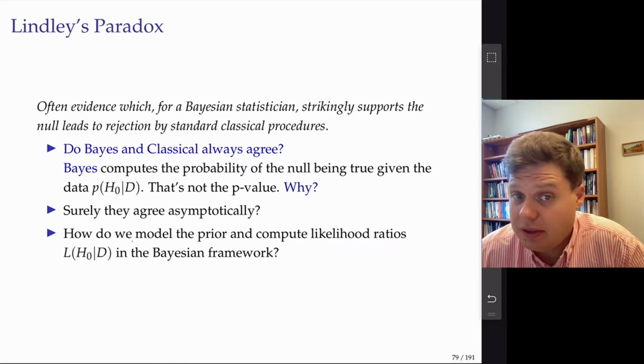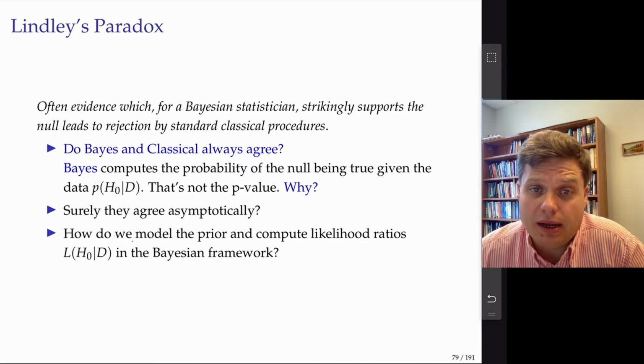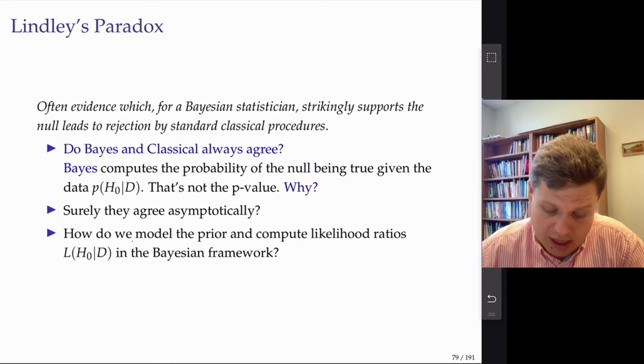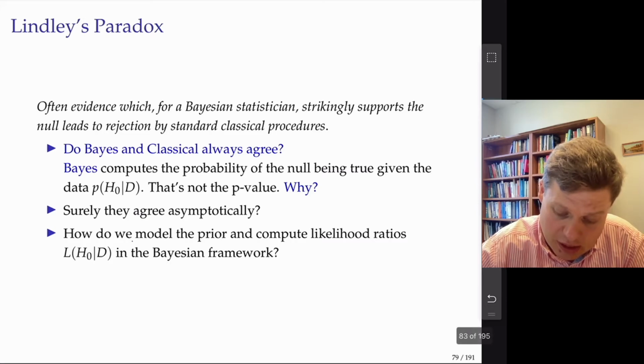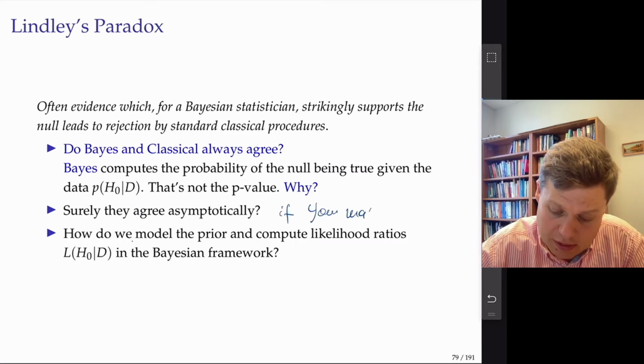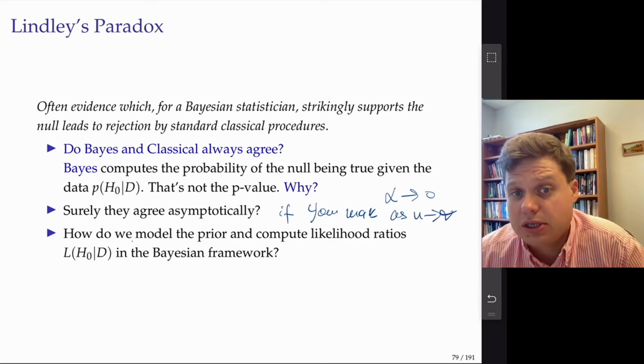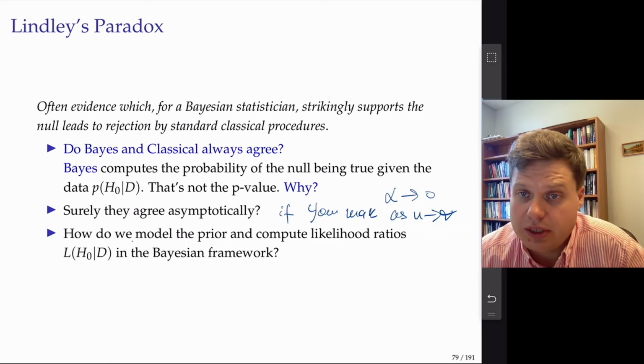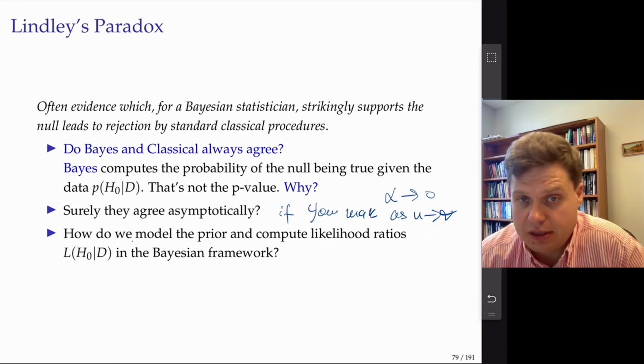That's not the p-value. They do agree asymptotically, meaning that if you make the value of alpha go to 0 as n goes to infinity, then things work out. So you just have to make your lambda smaller and smaller as n goes to infinity, and then they will keep agreeing with each other.